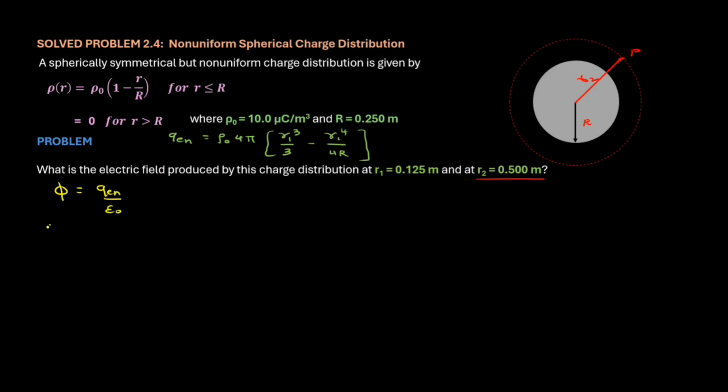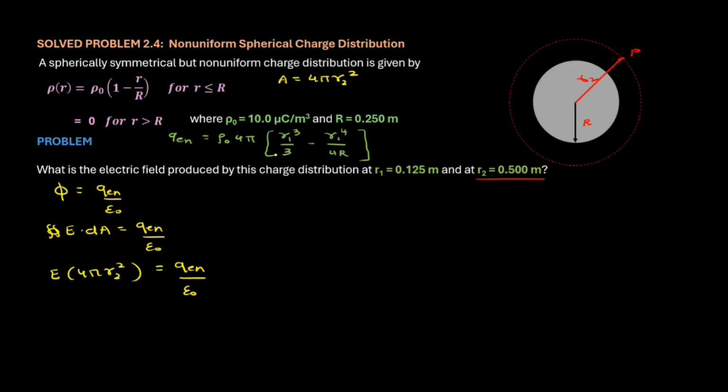Total flux we write as integral E dot dA, which is equal to charge enclosed over epsilon naught. dA is the surface area of the Gaussian surface, and here the area of Gaussian surface is 4 pi r2 squared. So we write this integral E dot dA as E times 4 pi r2 squared, which is equal to charge enclosed over epsilon naught.